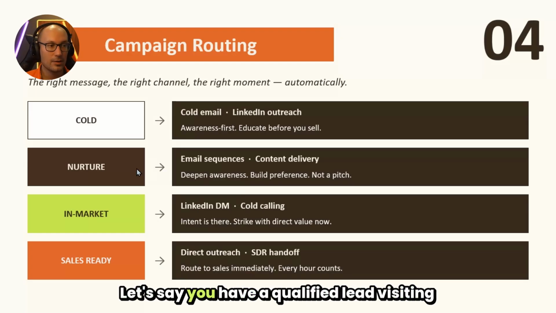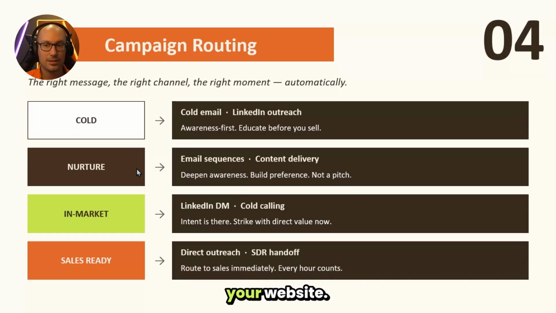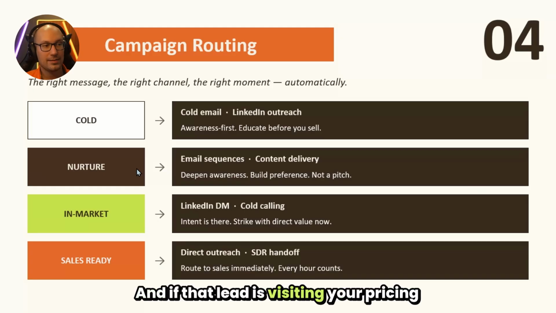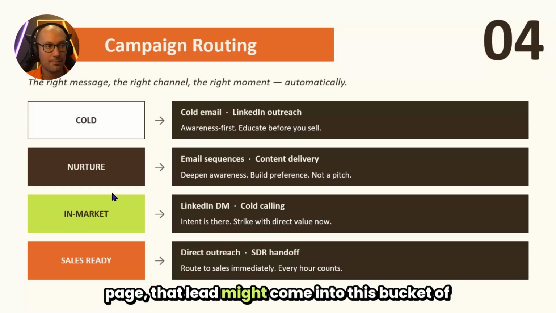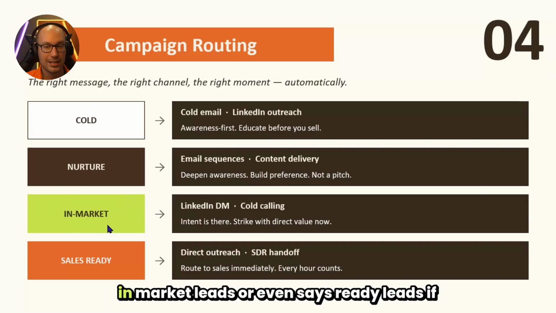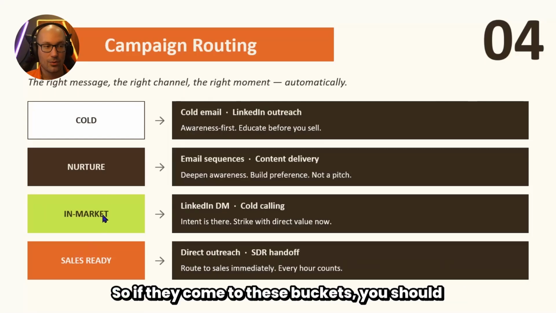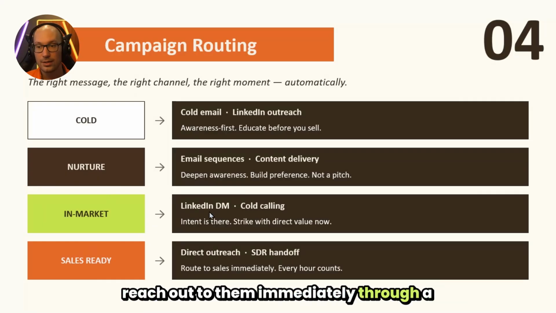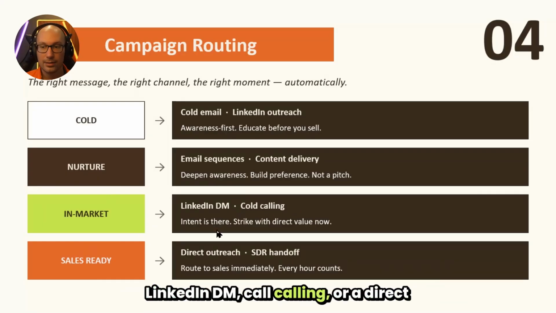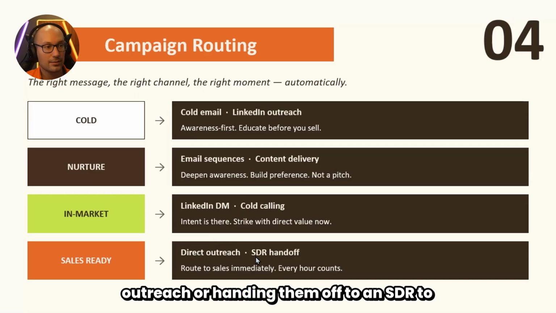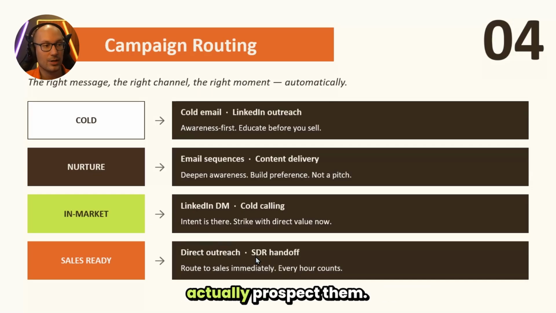Let's say you have a qualified lead visiting your website. If that lead is visiting your pricing page, that lead might come into this bucket of in market leads, or even sales ready leads if they have shown you a previous engagement with your brand. If they come to these buckets, you should reach out to them immediately through a LinkedIn DM, cold calling, or a direct outreach, or hand them off to an SDR to actually prospect them.